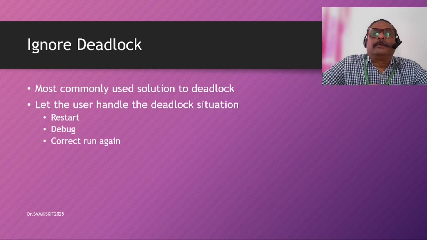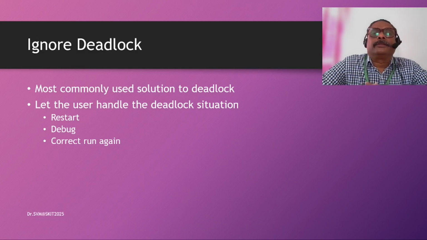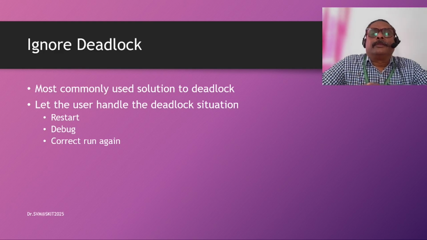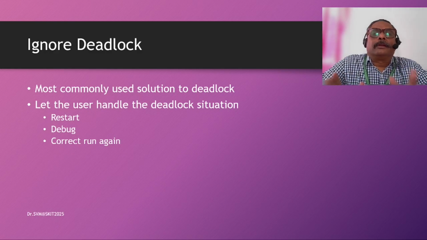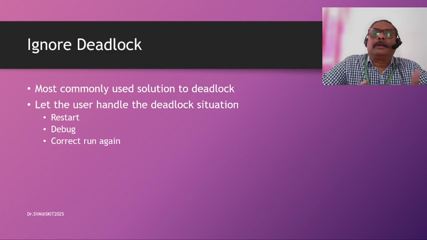Anyway, let's not give much burden to the operating system to take care of deadlock, so we can just ignore the deadlock situation, and when the user finds that the system is taking too long to respond, or is not responding, the user will understand something is wrong, automatically restart the system, verify, and rerun it.